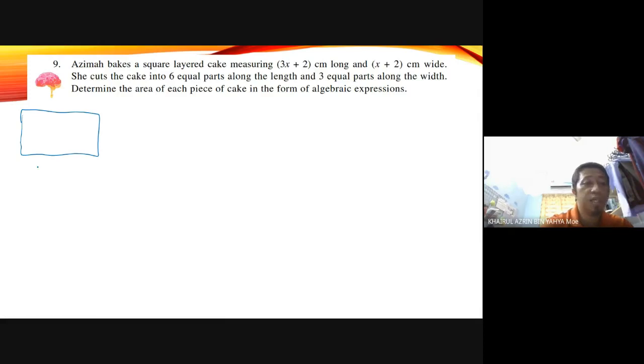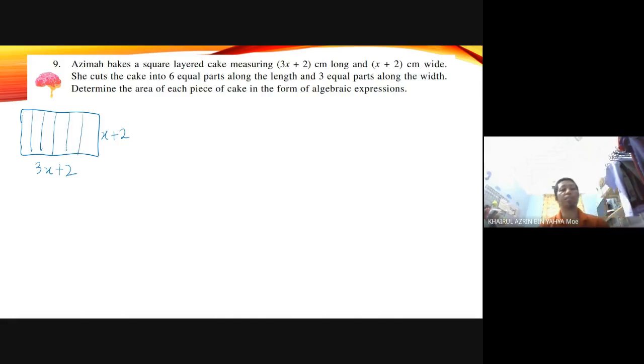So this is 3x plus 2 and this is x plus 2. She cuts the cake into 6 equal parts along the length, meaning here 1, 2, 3, 4, 5, something like that. We got 6 equal parts. This is only a sketch.